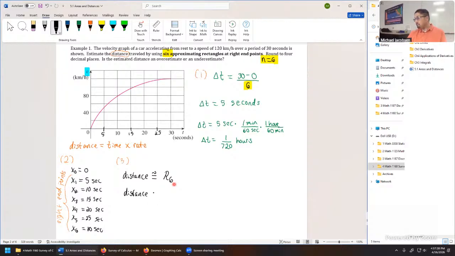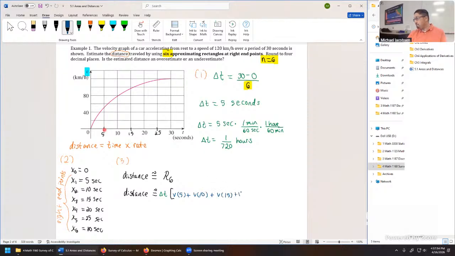Distance is going to be approximately equal to delta t. Then we multiply it against, following the format exactly as we did before, velocity at the first right endpoint, 5 seconds, plus velocity at the next one, 10, and then just keep on adding.